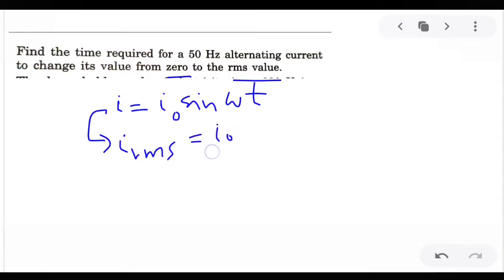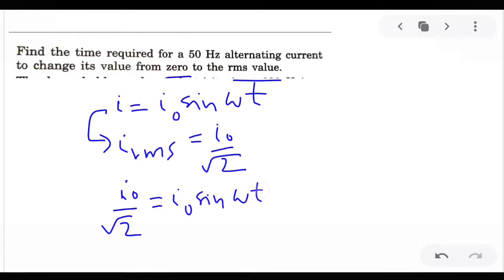It is I naught by root 2. So I naught by root 2 is equal to I naught sine omega t. So this I naught gets cancelled. So we have sine omega t is equal to 1 by root 2.